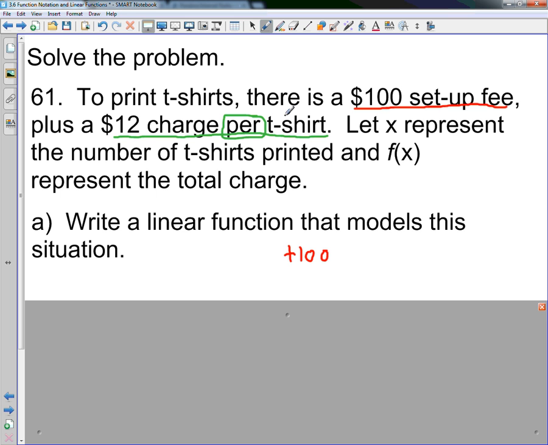So this is 12 per x, or 12 times x. And the number of shirts printed, and f of x represents the total. So the total for this is our function f of x. So we have a $100 startup fee plus $12 per shirt. And we have our linear function that models this.